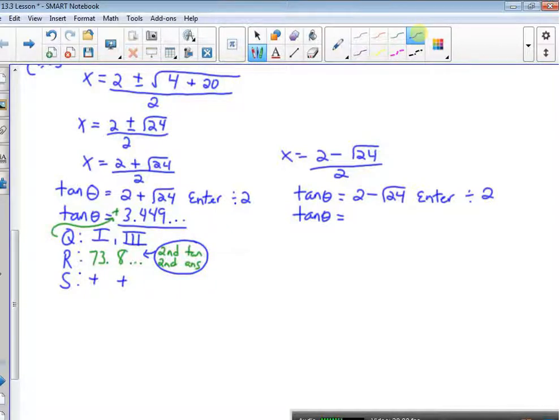Okay, so now this one says to the nearest degree. So in quadrant 1, the measure of angle theta is just equal to the reference angle, so 74 degrees approximately. And then in quadrant 3, remember you do 180 plus the reference angle.